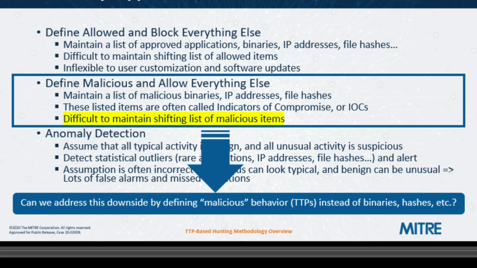And we saw some of the downsides of that. So what if we took that same kind of approach, but changed how we're defining malicious to be about behaviors and TTPs rather than the lower level indications of compromise like hashes of binaries or IP addresses?